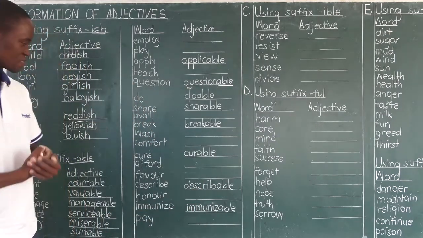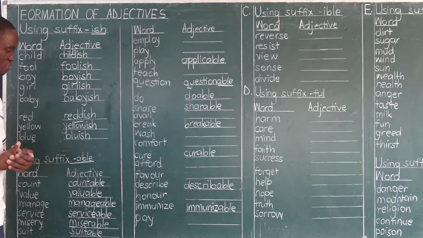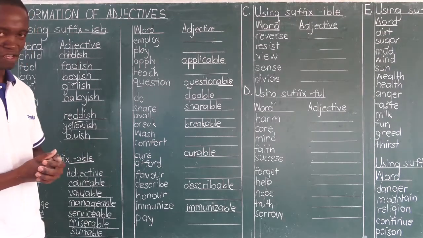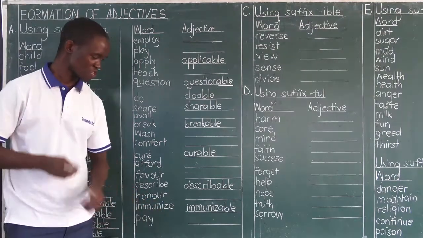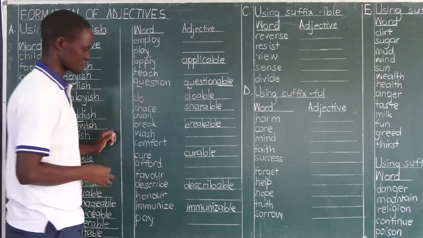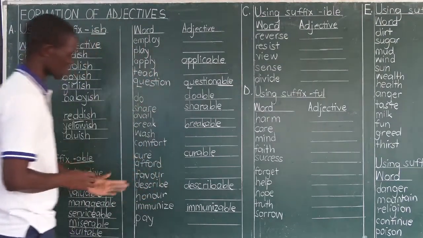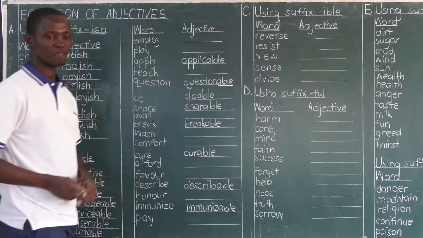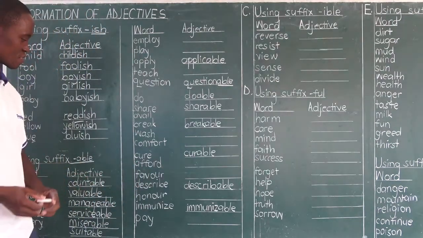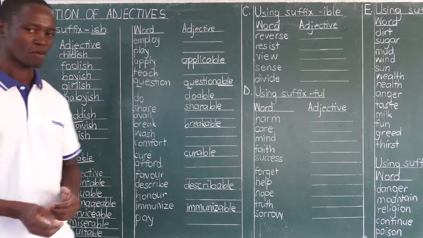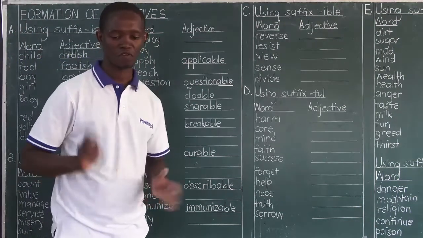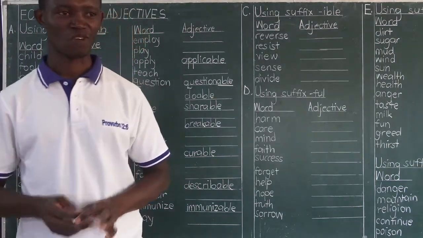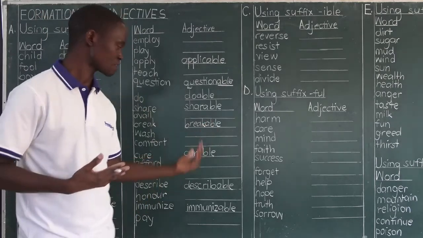Immunizable. This is a P6 subtopic, adjectives, and we're looking at how we can form adjectives using suffixes. The suffix we are specifically looking at right now is able. Suffix: you are adding a letter or group of letters to the end of a word to change its meaning, or to form the adjective in this case.